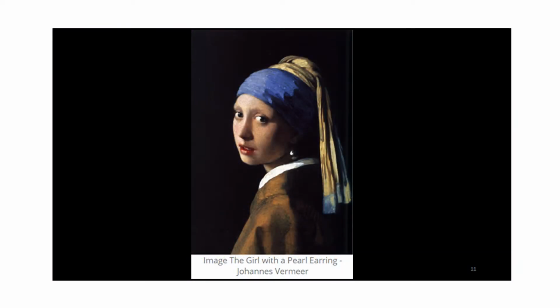These kinds of progressions are very often used by painters, and so we here have an example of Johannes Vermeer, the girl with the pearl earring, and you can see a progression in her headband. The blues go from a light blue into very dark blue.